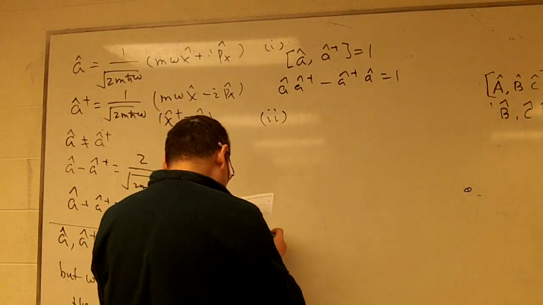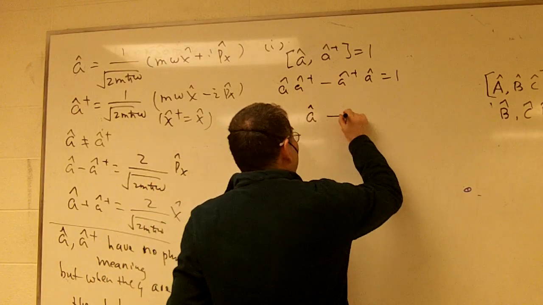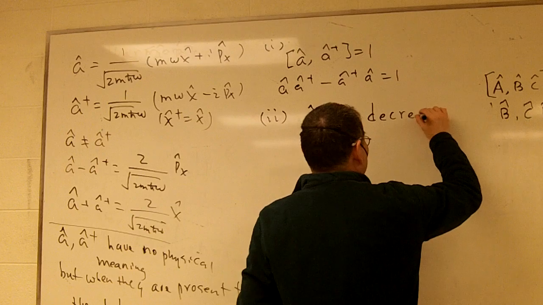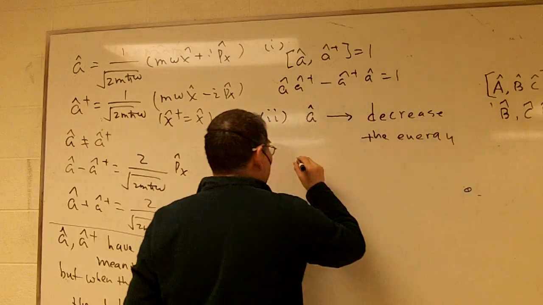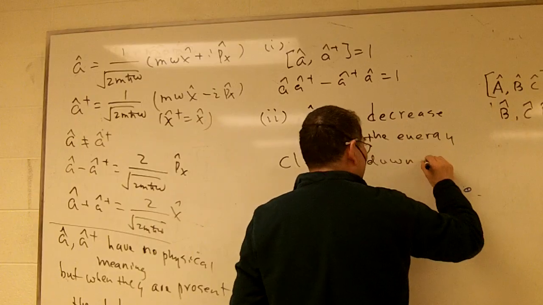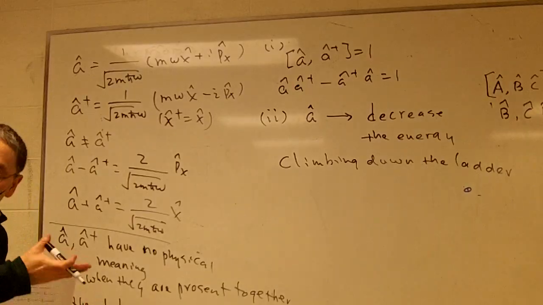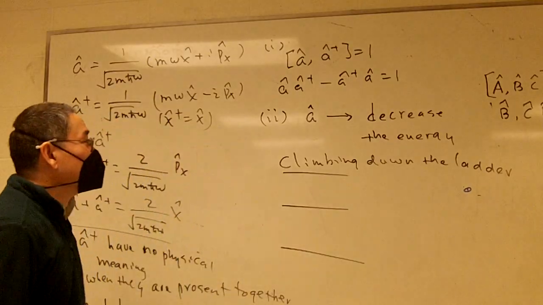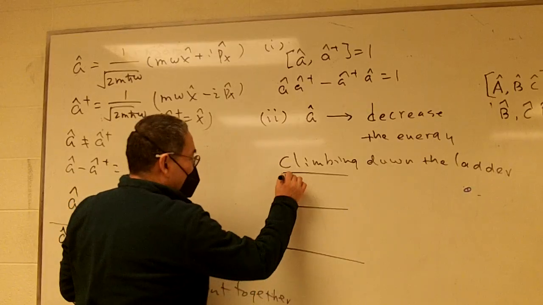Most importantly, the ladder operators: if you apply a, it will decrease the energy. Sometimes we simply call it climbing down the ladder. If the ladder represents the eigenenergy, for instance ladder 1, ladder 2, ladder 3, then each application of a itself, a hat, makes the energy lower.